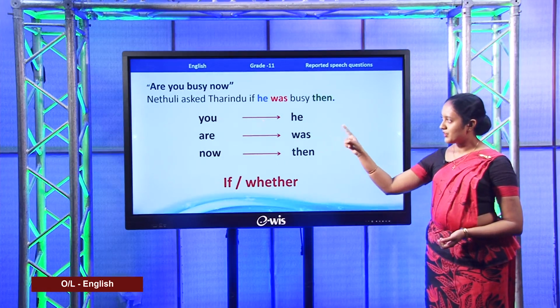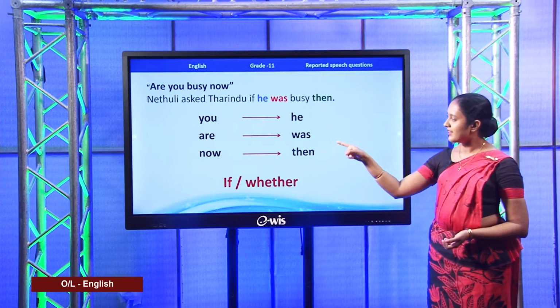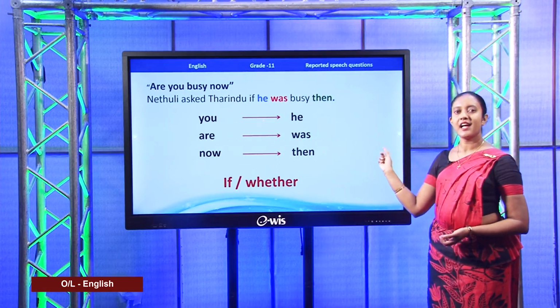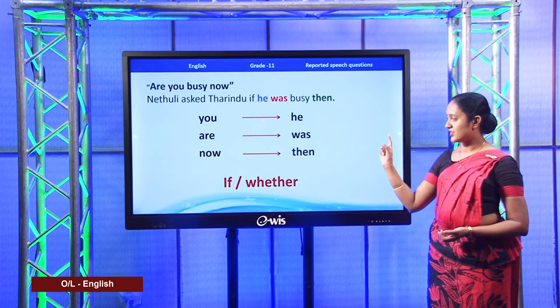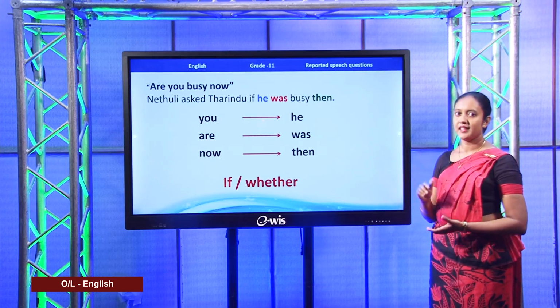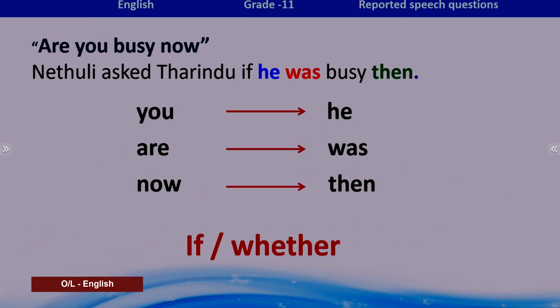The pronoun you has become he, and the verb are has become was. And also the time indicator now has been changed into then. And also children, when we convert a direct question into reported speech, we use either if or whether. So these are the changes I have made to the first question in the reported speech.